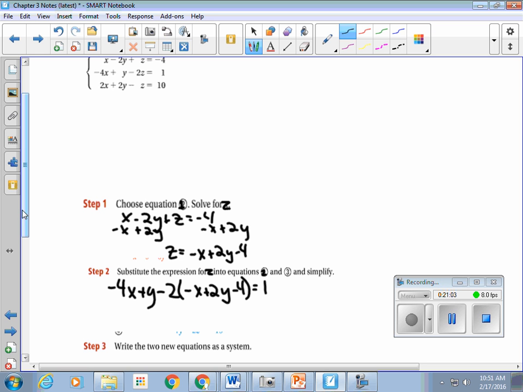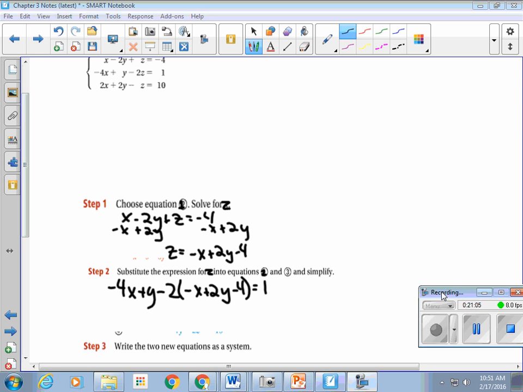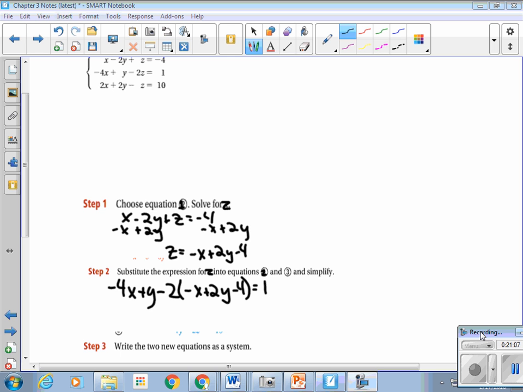And then for my third equation, I'm going to put in, so it's 2x plus 2y minus parenthesis negative x plus 2y minus 4 equals 10.